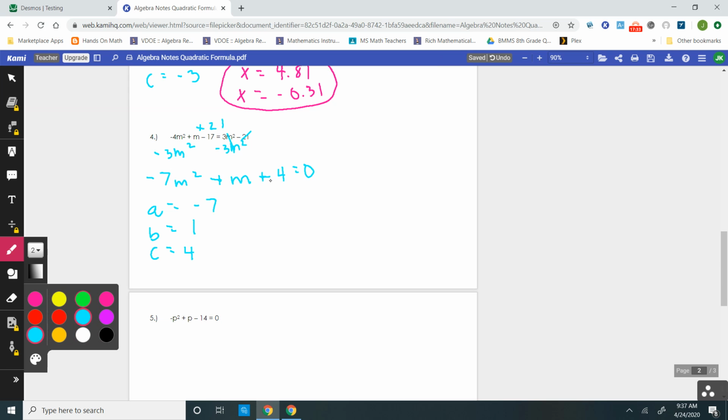So you're doing the discriminant first. So B squared minus 4AC. So your B here is 1, so 1 squared minus 4 times the A, which is negative 7. I'm just going to put in parentheses to make it easier. Times negative 7, and then times your C, which is 4.